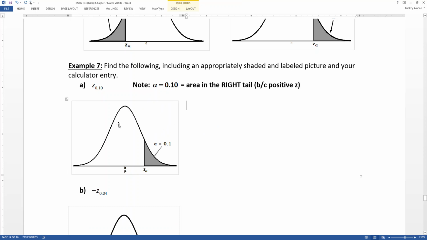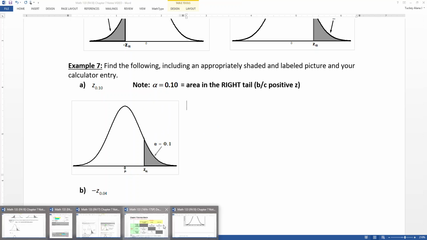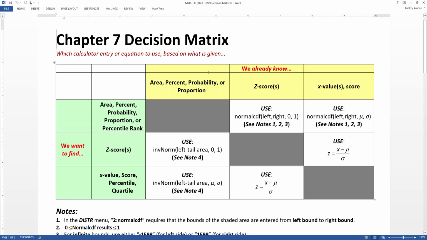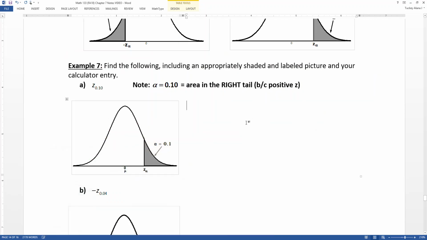Okay, so to find a z-score, let's bring up the decision matrix. So let's see here. I know an area. I was given the area of 0.10 right here. I want to find a z-score, right? Z sub alpha. So that means I'm going to use inverse norm, the left tail area, 0 and 1. So that will be how I find this. Inverse norm, left tail area, 0 and 1. So if I'm going to do that, I'm going to need the left tail area.